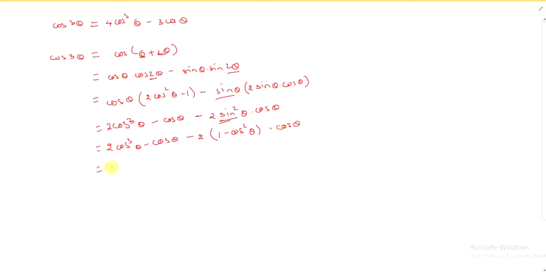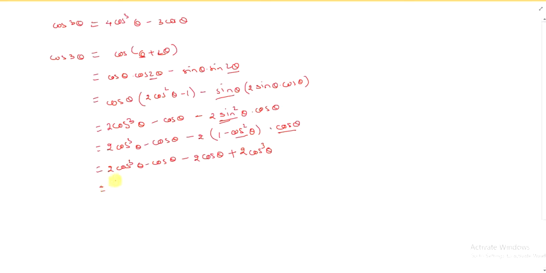Now E is equal to, again 2 cos cube theta minus cos theta and multiply by this minus 2 cos theta. So minus plus minus 2 into 1, 2 into cos theta, that is 2 cos theta, and minus minus becomes plus 2 cos square theta into cos theta, that is 2 cos cube theta.